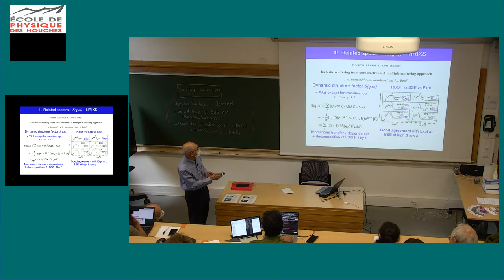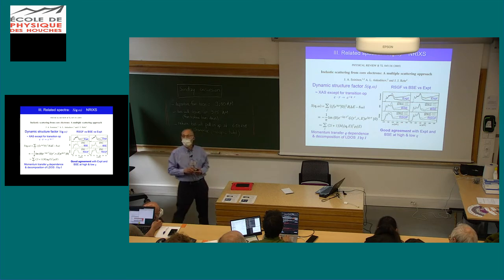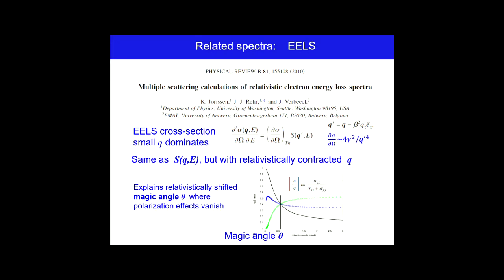As you can see, they're in pretty good agreement. So the codes work quite well for this. It's nice because you can do it on low Z atoms like water very easily.